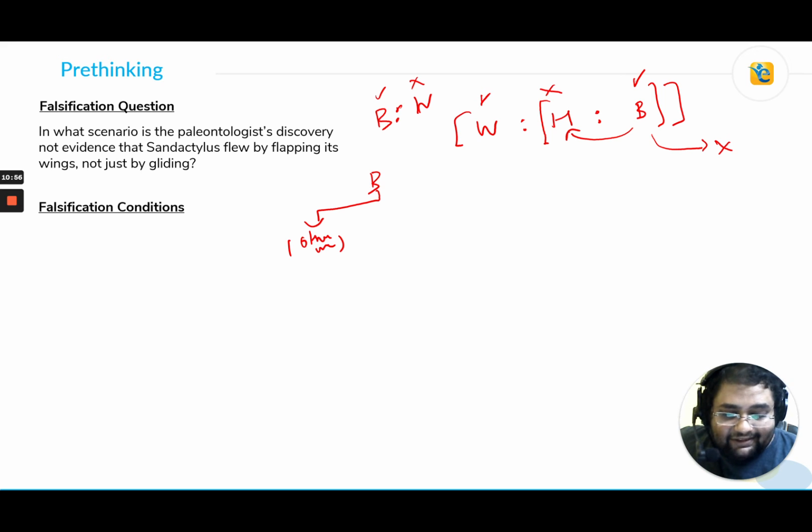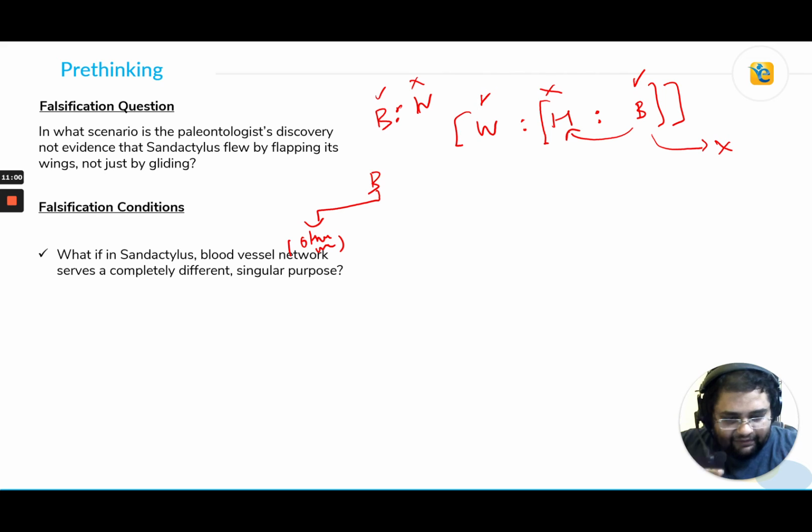Another condition I can think of is, what if this particular blood vessel network has no use at all? Again, it is attacking this linkage right here. The author is assuming that just like in bats, blood vessel networks must be for the purpose of heat dissipation. So one scenario we saw is, what if it's for some other purpose entirely? Another scenario is, what if this is a vestigial organ which has absolutely no use?